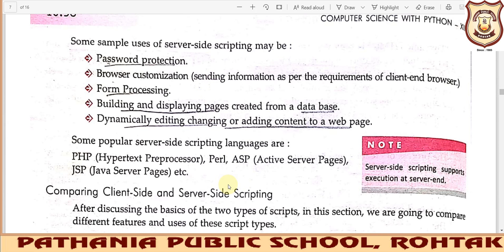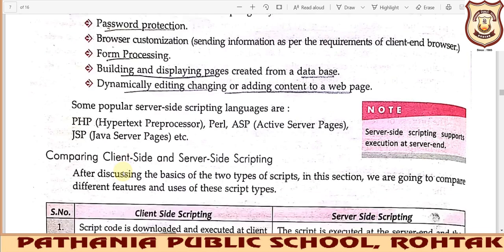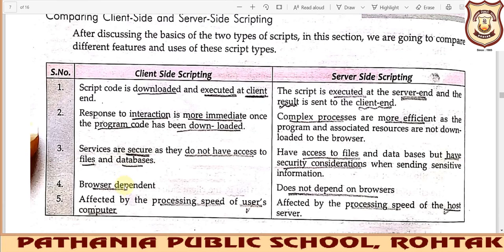When we want to dynamically change or add content on the web page, we can use server side scripting. So what are the examples of server side scripting languages? PHP, Perl, ASP, JSP. These examples you must learn. Next comes the difference between client side scripting and server side scripting.